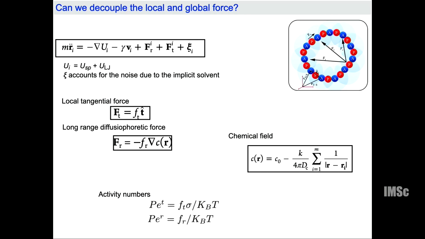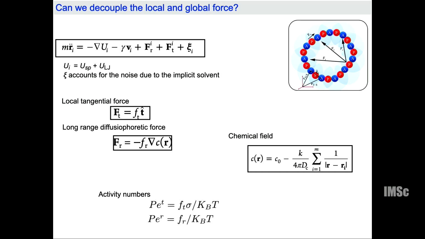Now I have this model where I can actually differentiate these two forces very well and try to figure out what is important at what length scales, right? Is it the local force which is important, or the global force, in the condensation of the polymer? The polymer is going from a coiled state to a globule state. There are two types of forces, the local force and the long range force.